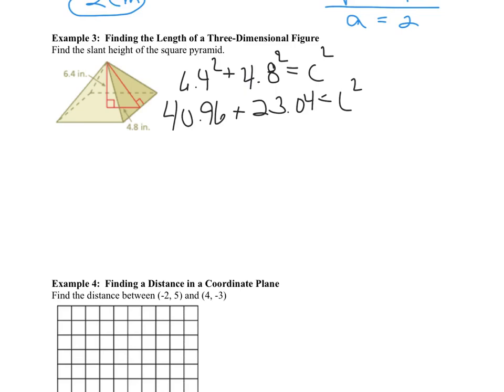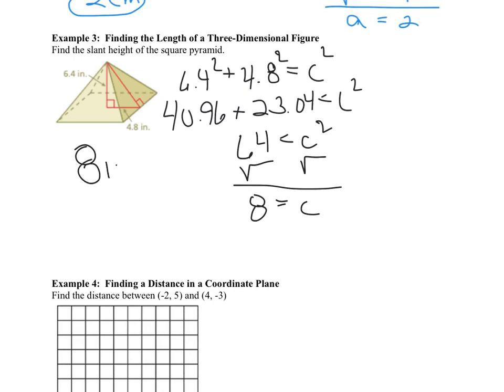Then I would add those two things together, which is going to give me 64 equals c squared. And then to undo the square, I take the square root. Another nice perfect square over here. 64 is 8 or negative 8. We would only take the 8 because, again, we're dealing with a side dimension, which is always going to be positive.